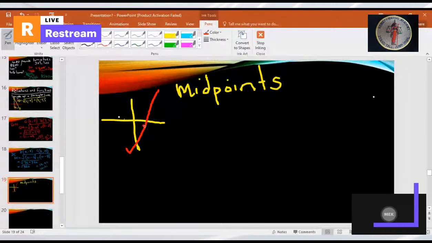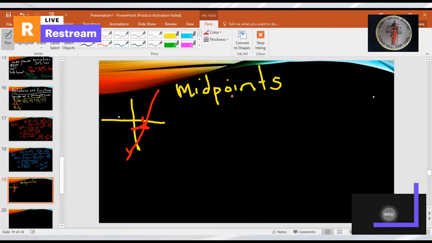We want to know what is the y value there and what is the x value there. What are the coordinates of the y and the x?